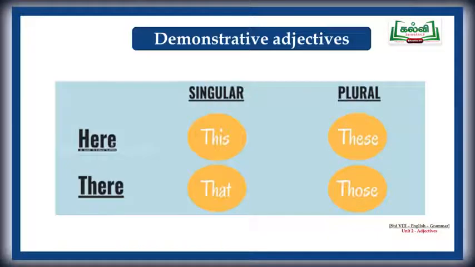Likewise, for plural we have two words, these and those. If the plural objects are nearby, we use these. These are my pens, these are my books. Whereas if they are far away from you, you use those.